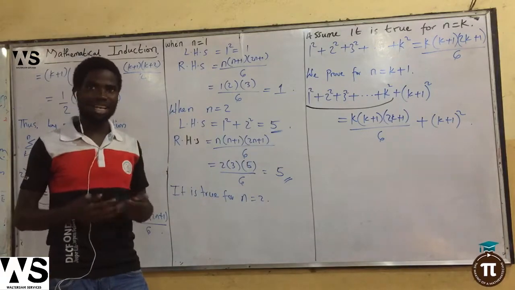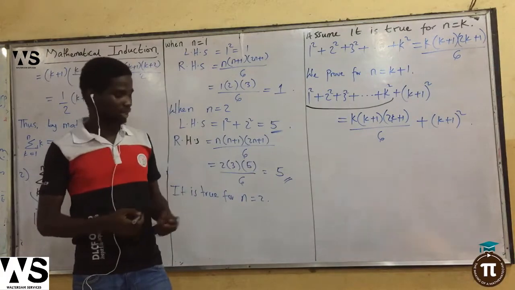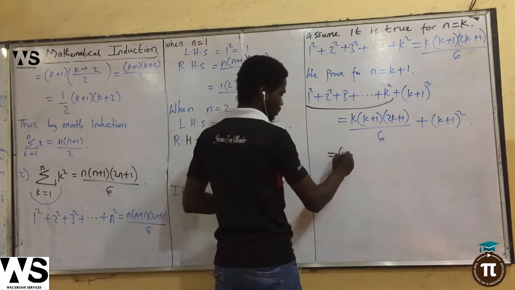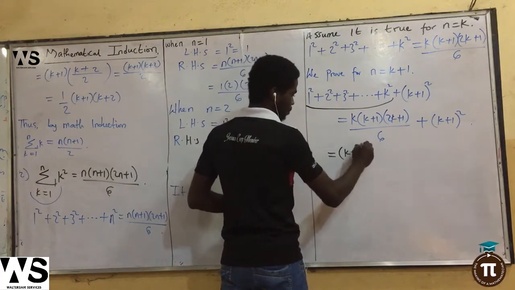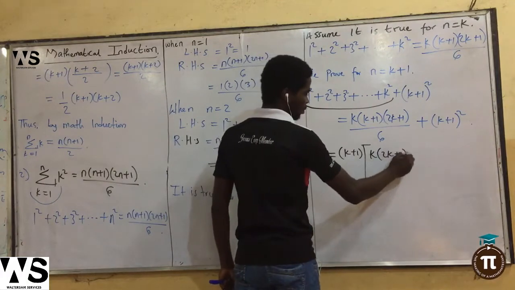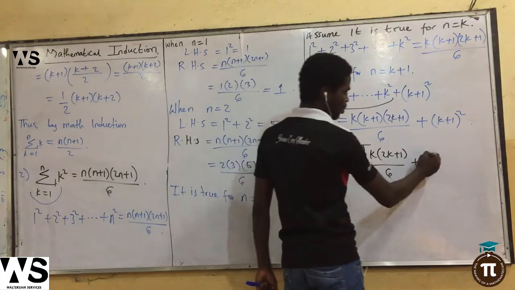Because I like factorize, I don't like to expand. k plus 1 is common. When k plus 1 is out, what do you have? k, 2k plus 1 divide what? Plus what?